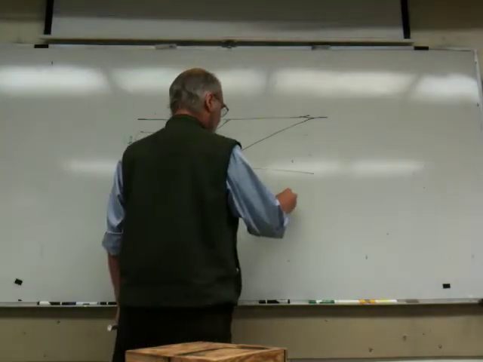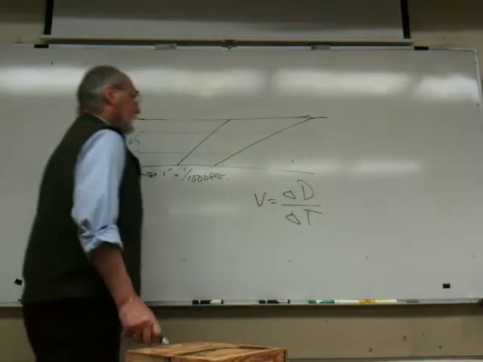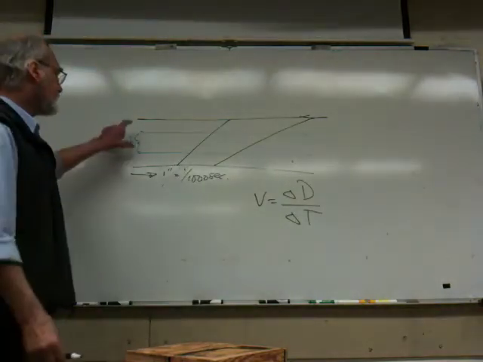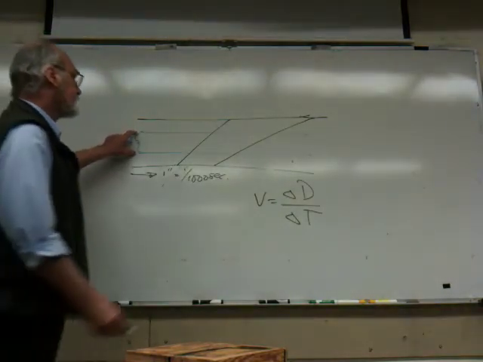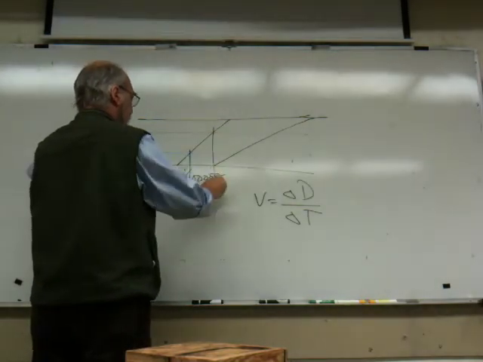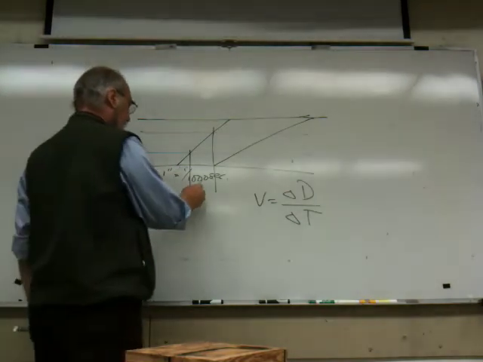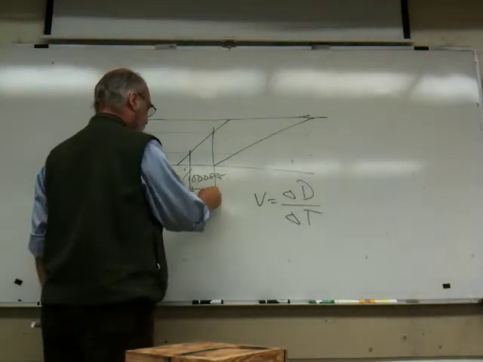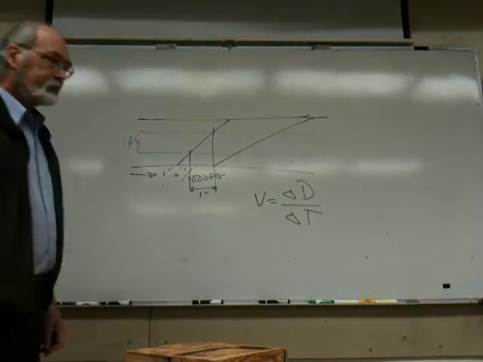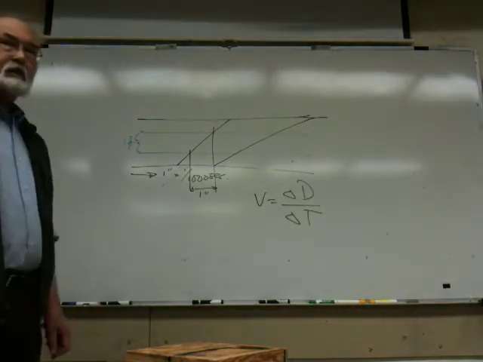Remember, velocity is equal to change in distance divided by change in time. The change in distance for us is the distance between the 2 markers. The change in time is this dimension right here. Suppose that we measure this, and it turns out that this is 1 inch. How fast is the bullet moving?